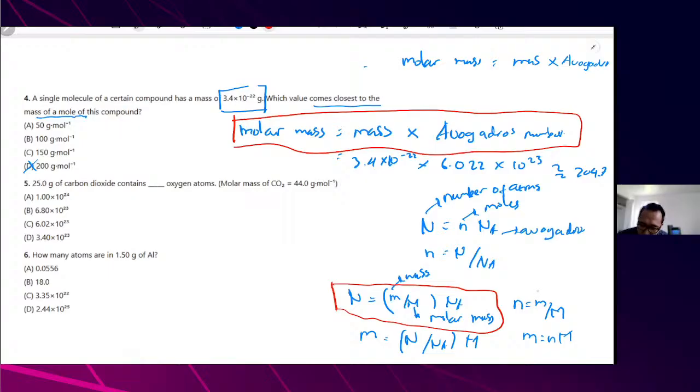We don't have any moles here. Just mass times Avogadro's number. N per Na, no way.